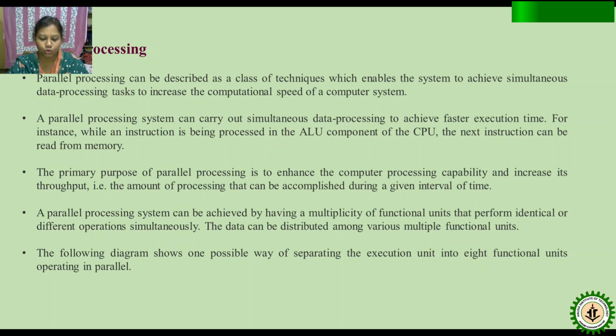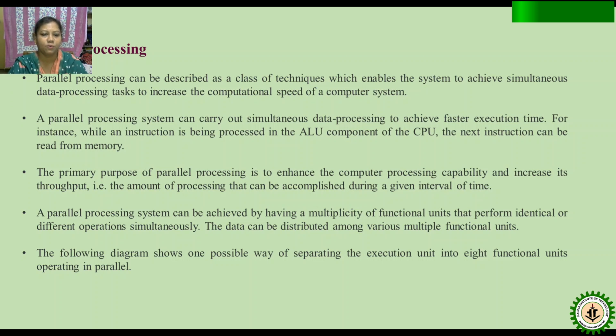So two instructions run at a single instance of time. One uses the ALU for an arithmetic or logical operation, and the other reads the required data from the memory. So two operations are running simultaneously.